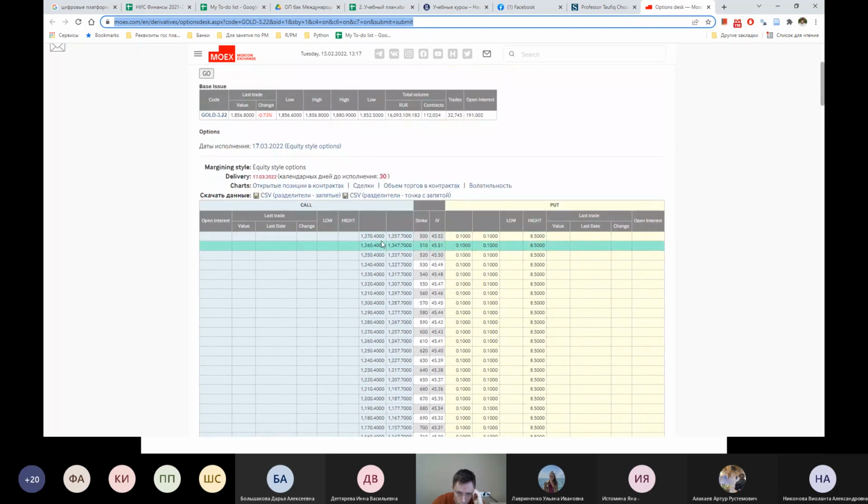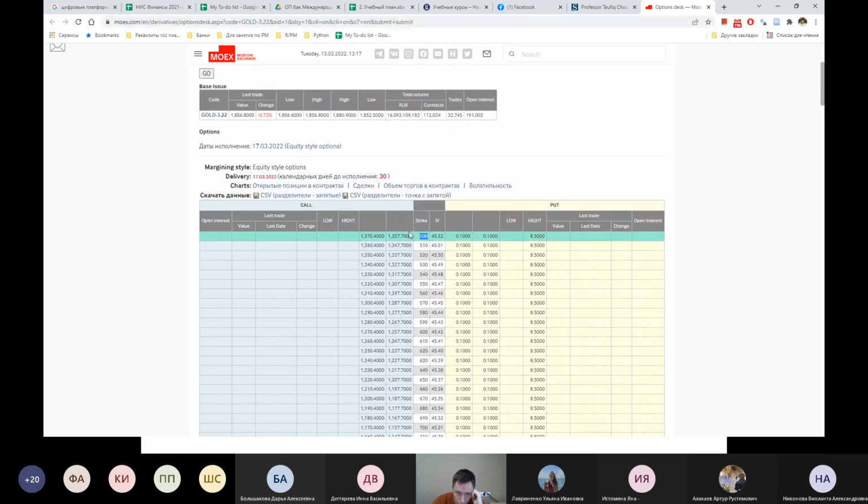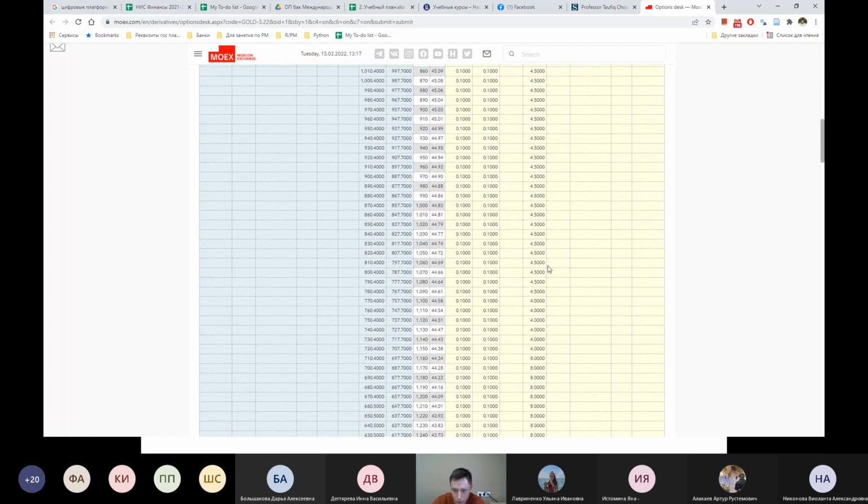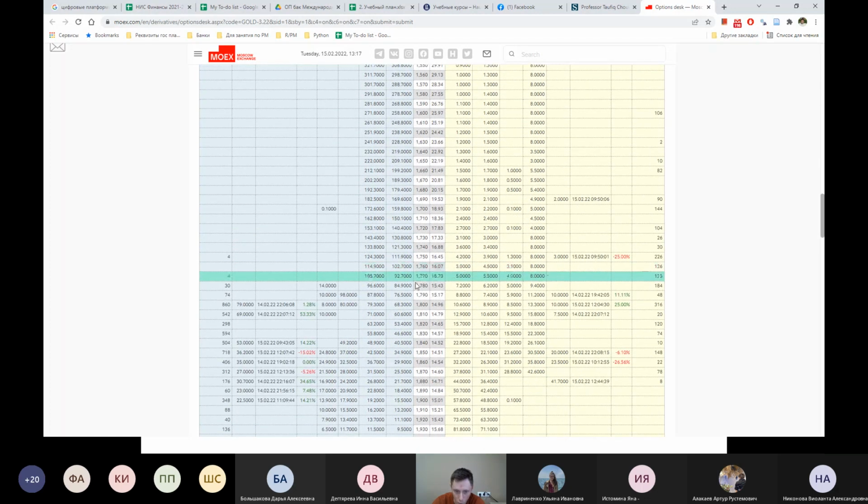And here we can see the strike price, the call options, the put options, and so the table is quite big, but the trading happens somewhere in the middle.